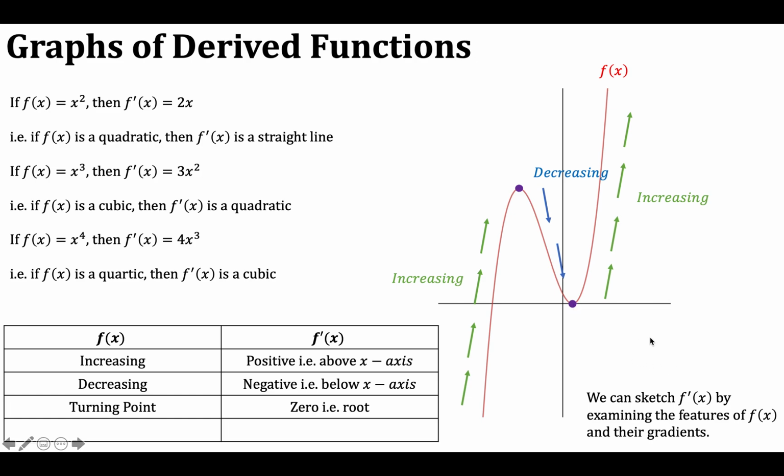The one thing that I've not addressed so far is points of inflection. Points of inflection have gradient 0, so they do become roots, but they also become turning points. So it's a turning point sitting on the x-axis. Let's go on. We're going to look at 3 examples with different features so that you can get a good handle on what's happening here.